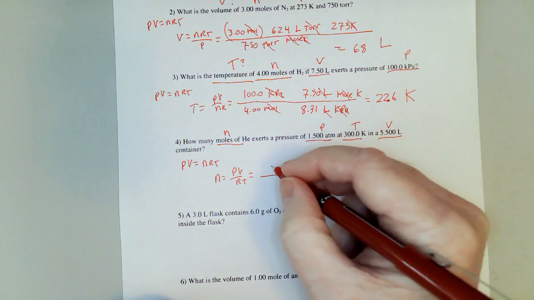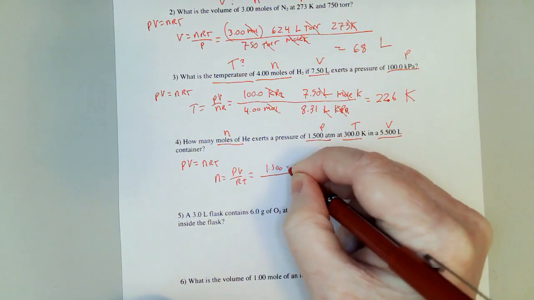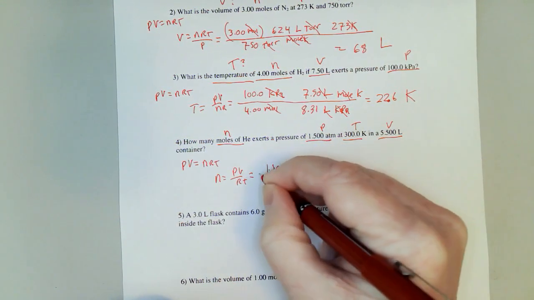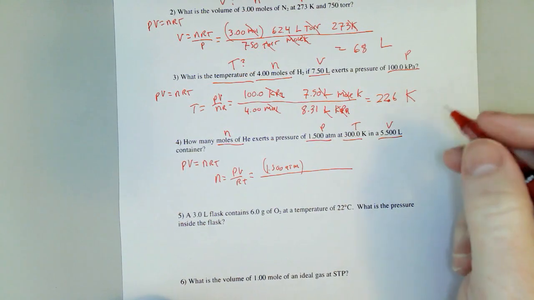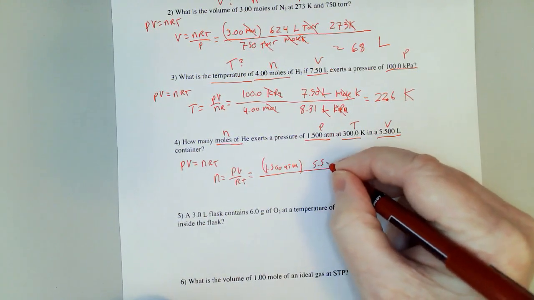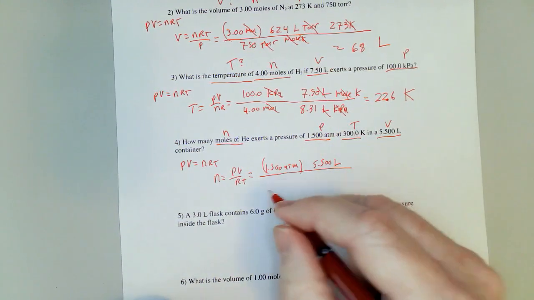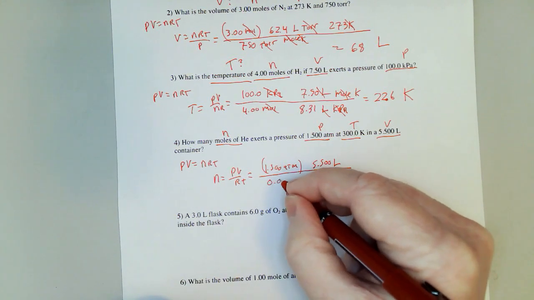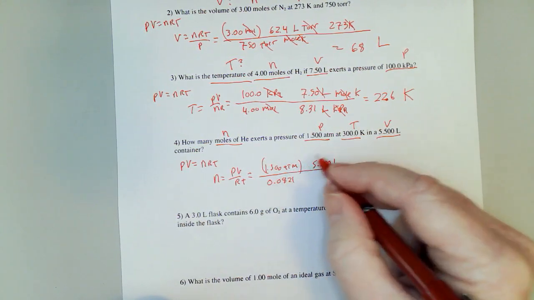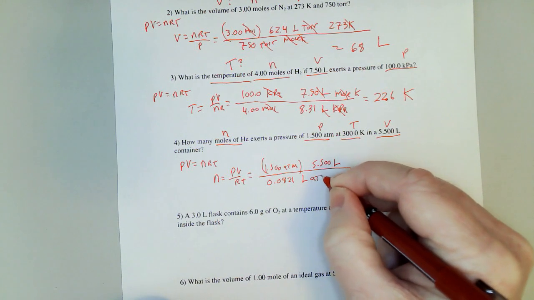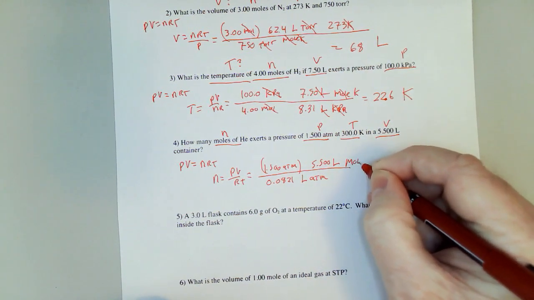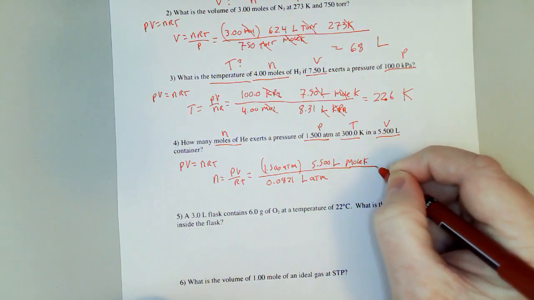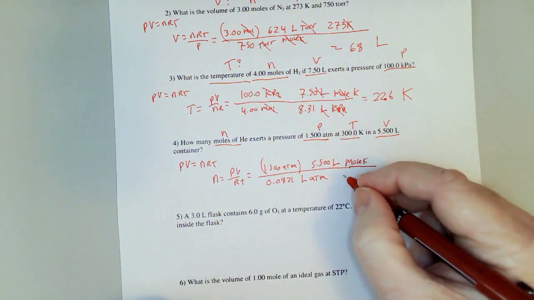So 1.500 ATM, volume of 5.500 liters, and R 0.0821 because I'm in atmospheres, liter atmosphere per mole K, and the temperature of 300.0.